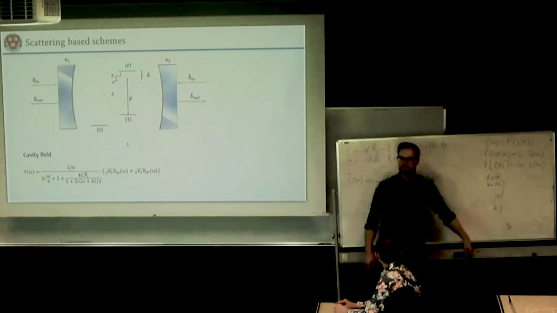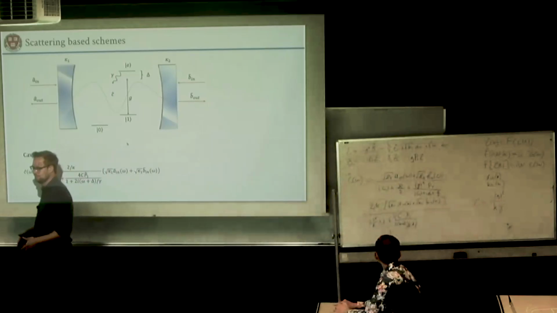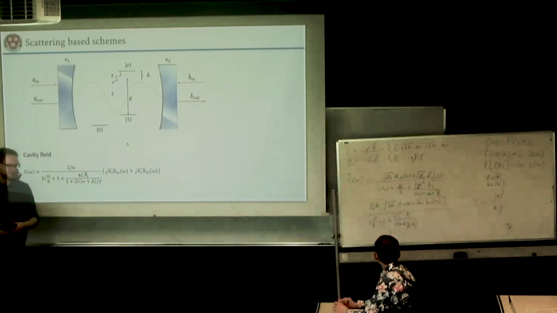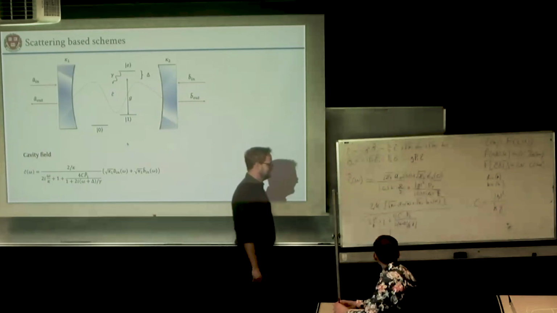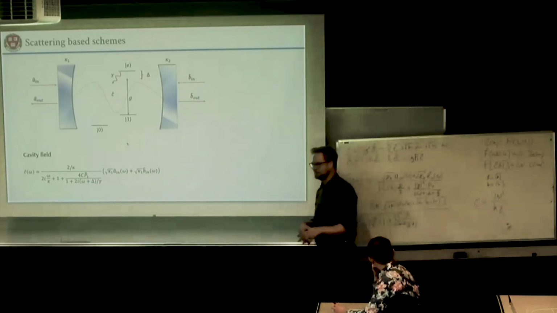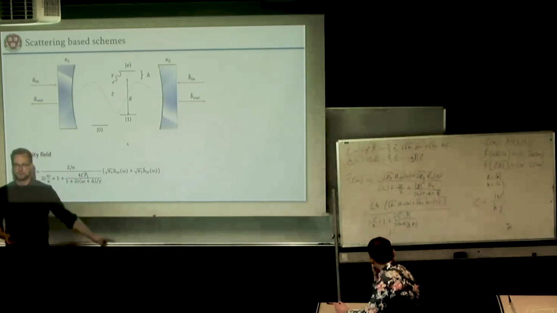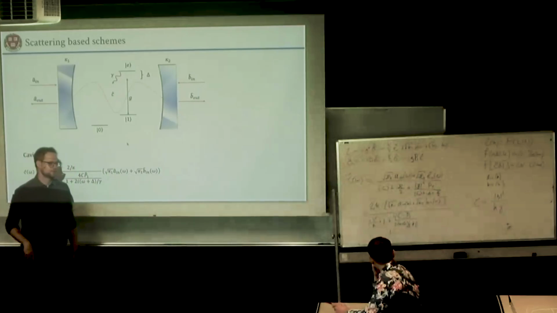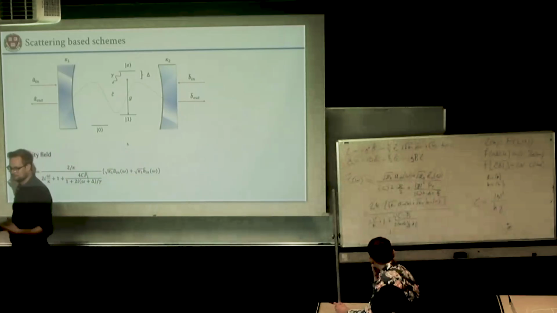So the cooperativity says how strong your coherent coupling is compared to your incoherent rates. In many cases, you want cooperativity larger than 1 to be able to do great things. And what we'll see is that the quality of your scattering, I mean, how good an entanglement you can make with these things, will end up depending on the cooperativity. So that's why in many of these papers you care about the cooperativity of your system.